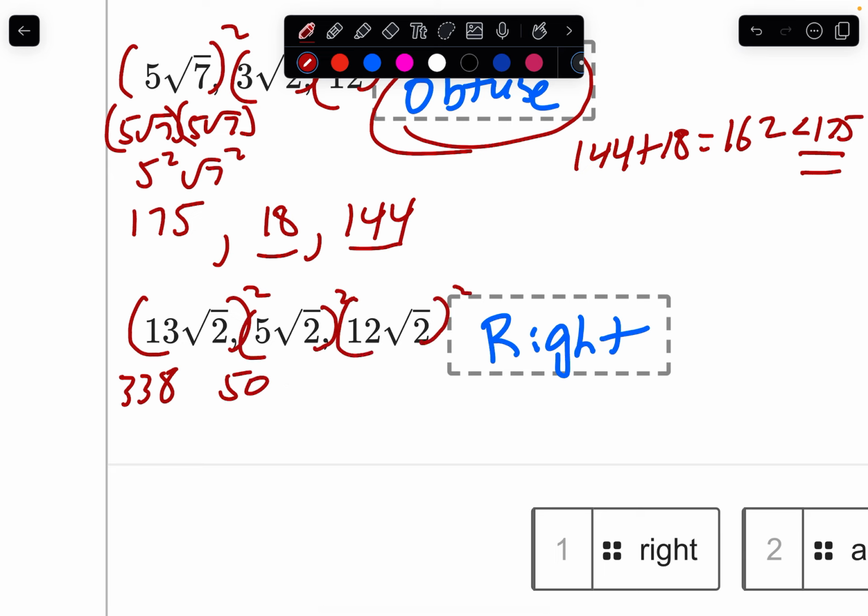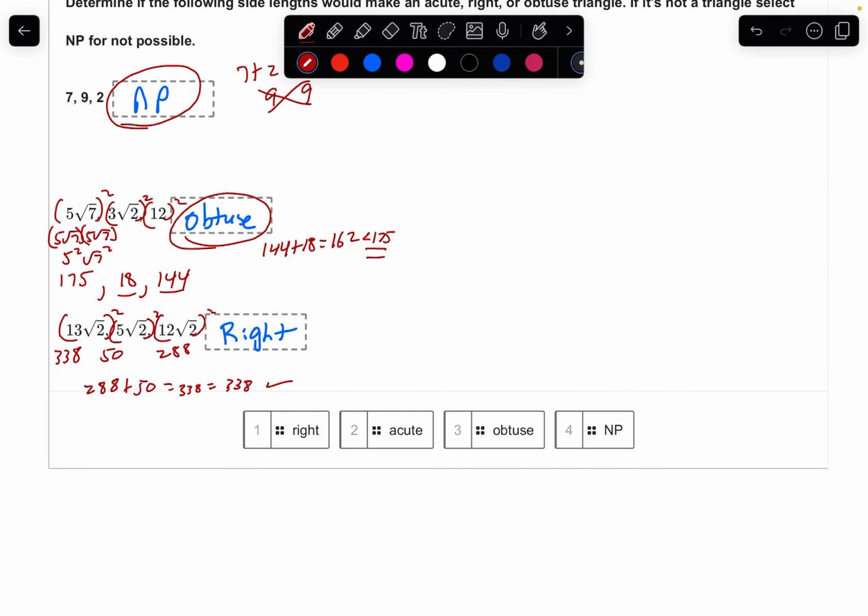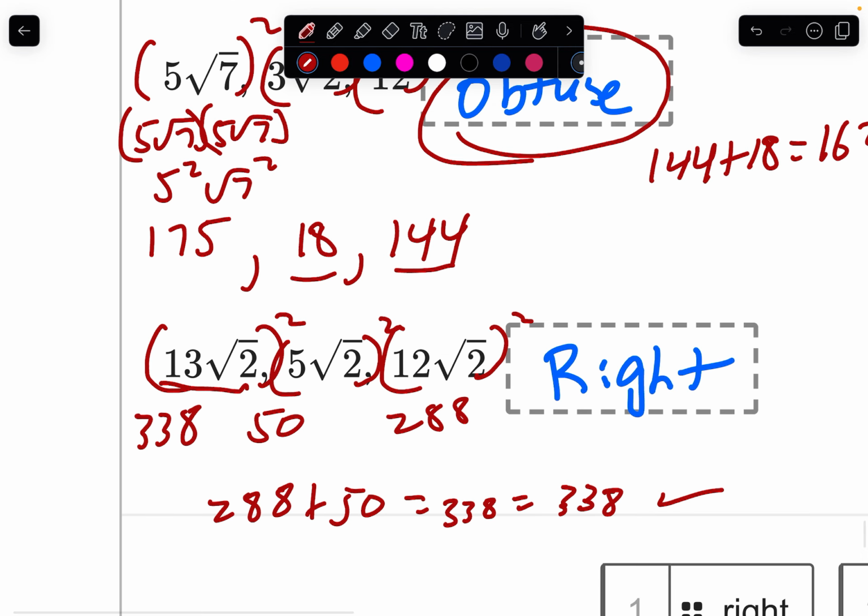And 12 root 2 squared would be 144 times 2, which is 288. Well, 288 plus 50 equals 338. And 338, oh goodness, is equal to 338. So it is a right triangle. But if you would recognize this as 13, 5, and 12, right, they all have a root 2 on it. Can you reduce? Absolutely. Reduce by a factor of root 2. That is a 5, 12, 13 triangle.